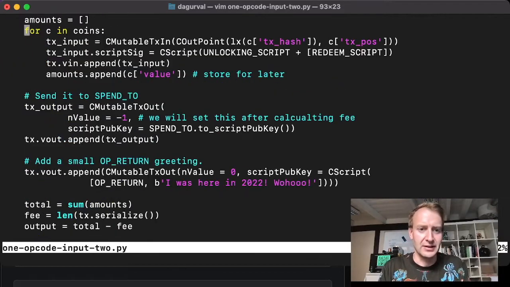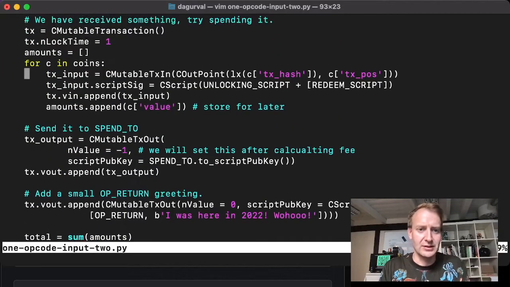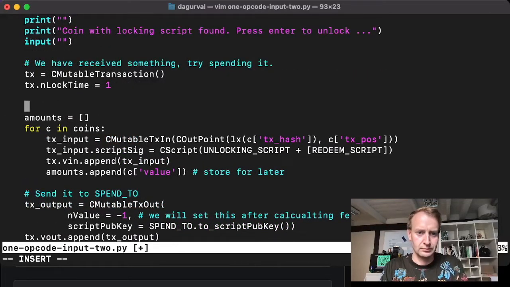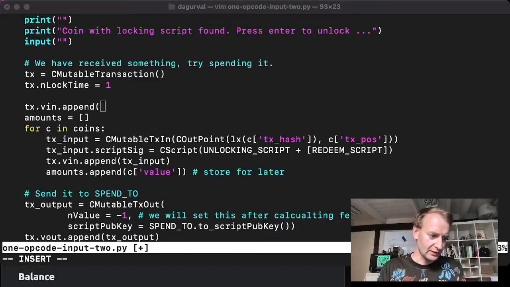And let's go here and add an additional input. I'm going to find the tx lock time contract again.